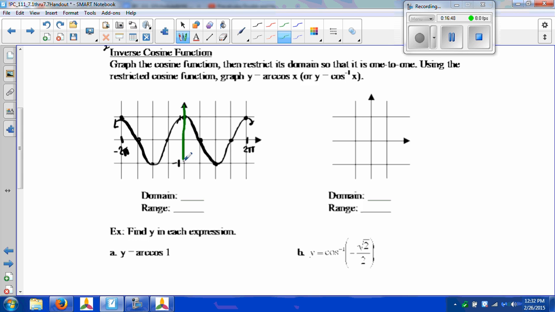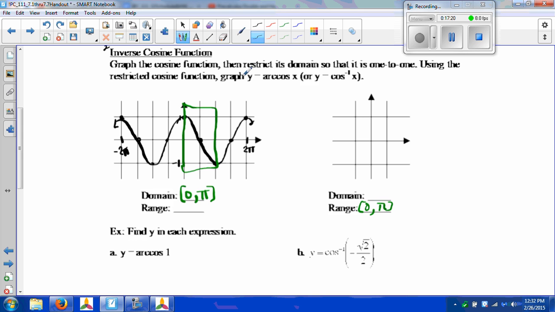So the best we can do is be on the y-axis and then go right. So keep going, keep going, keep going. Now, if I go beyond this point right here, I again start failing the horizontal line test. So my restricted domain is going to be from 0 to, now that's pi over 2, so that's pi, which means that's going to be the range of the inverse one.